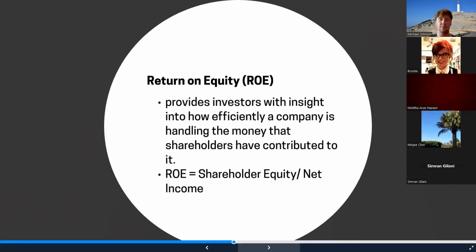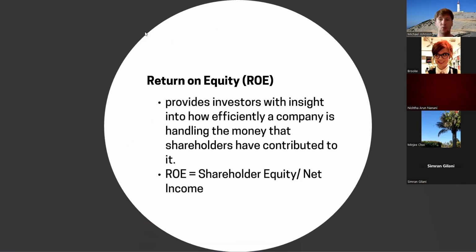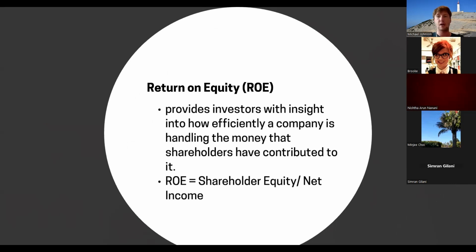And then return on equity. It provides investors with insight into how efficiently a company is handling the money that shareholders have contributed to it. So return on equity equals net income divided by shareholder equity. You want a return on equity higher than 20%.